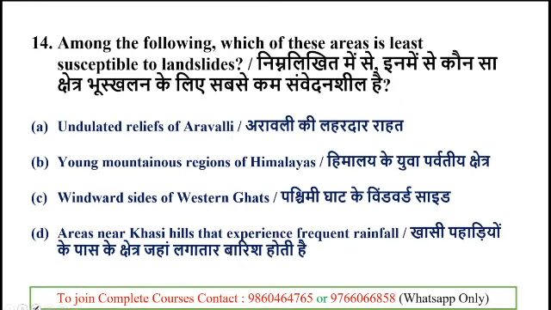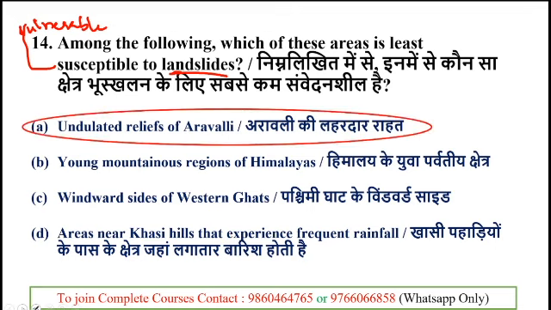And then among the following, which area is least susceptible to landslides? Here least susceptible means least vulnerable. And that is the undulated reliefs of Aravalli.